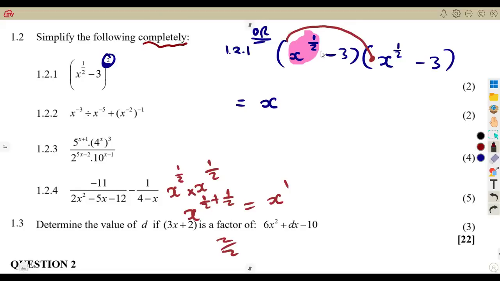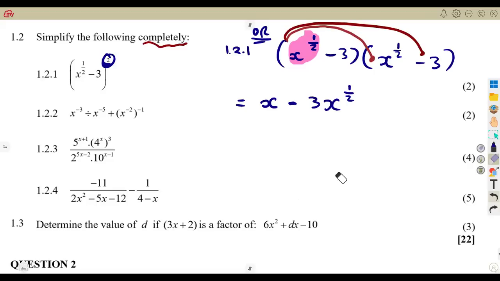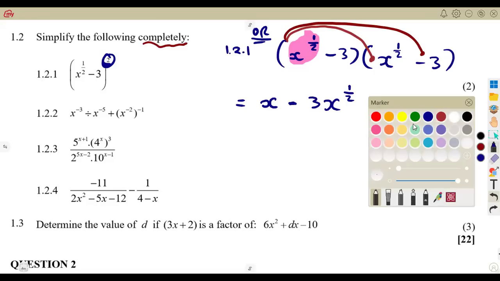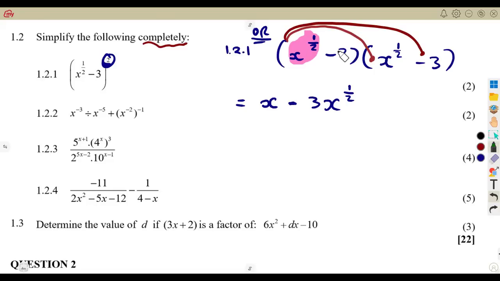Still on the same x to the exponent of half, we multiply this by minus 3, the last part that we have there. So it's minus 3 times x to the exponent of half, which is minus 3 x to the exponent of a half. That is what you're going to have. Considering the outer part, because we're done with this first. Let's consider this outer part, the minus 3.